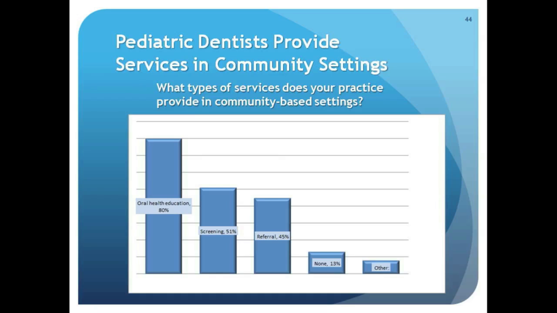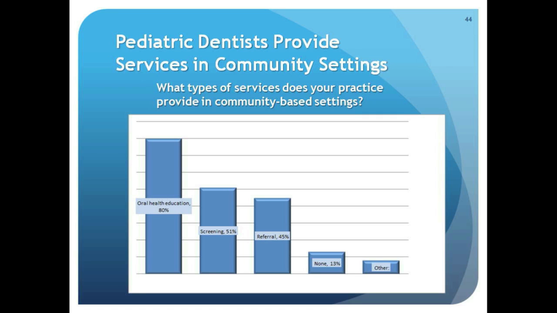Another way of meeting families where they're at, or helping them to overcome some of the challenges related to low health literacy or lack of access, is to offer services in the community, and many of our members are doing that.